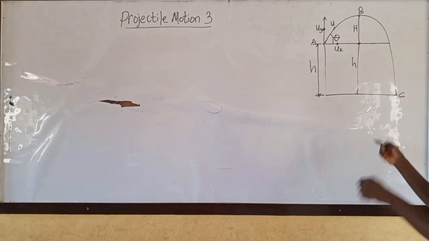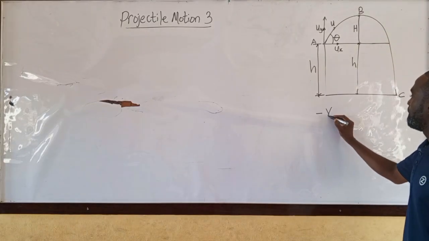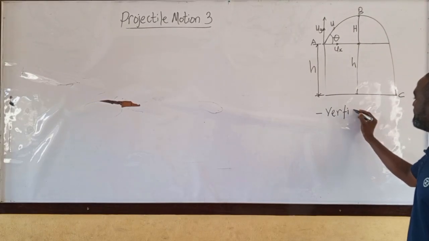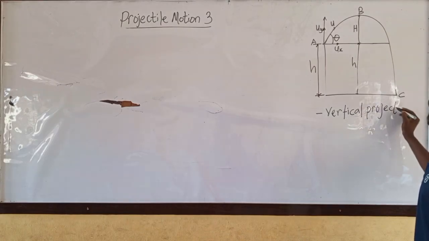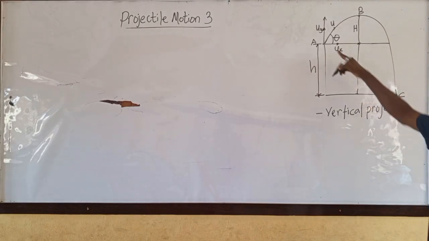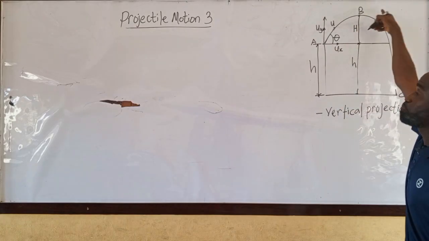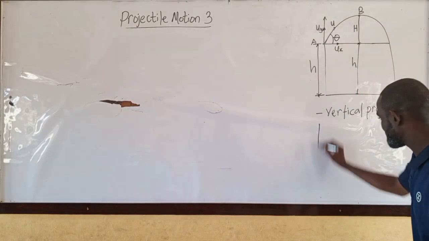So I can break this diagram into 2 phases. The first one is vertical projection. Look at this: from A to B will be like this.